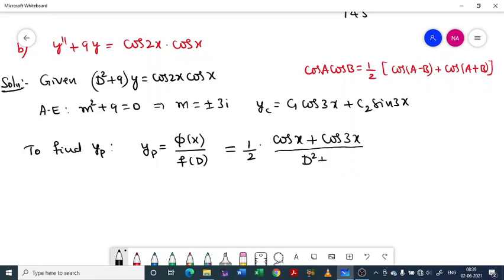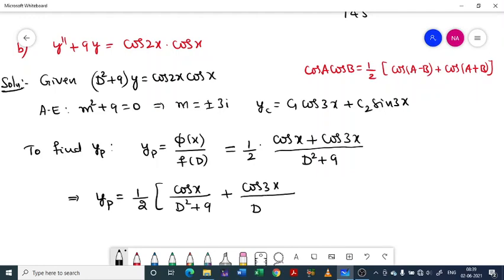D square plus 9. So that implies yp is equal to 1 by 2 times cos x divided by D square plus 9 plus cos 3x divided by D square plus 9.